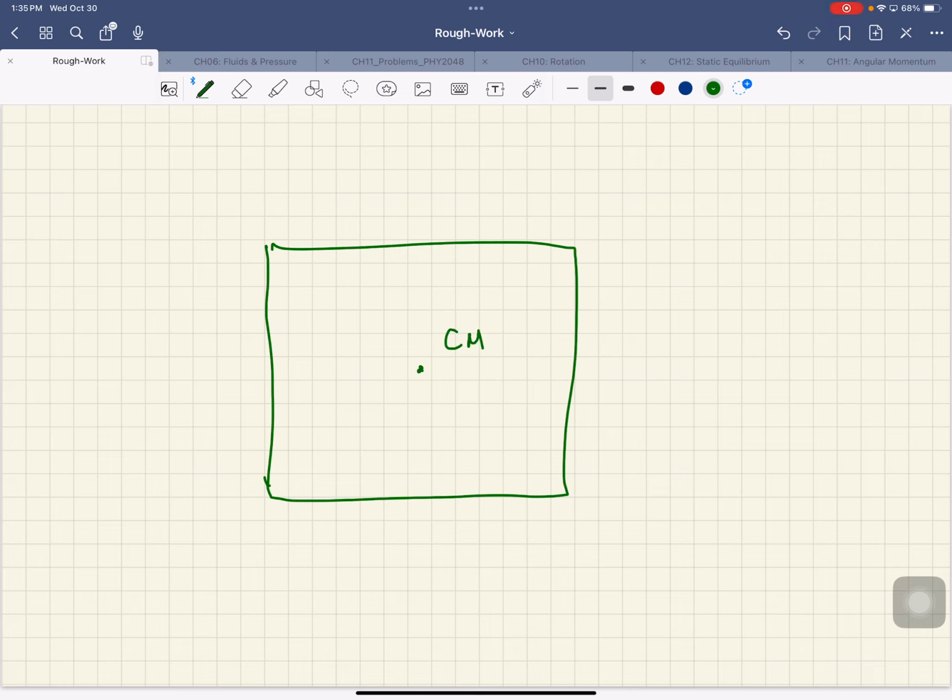So if this were Earth, and that's the uniform plate, and it's a small plate, the center of gravity is at the same place. But let's say this were a metal plate, and it was huge, meaning something like the size of Mount Everest. Then the center of gravity would be there.